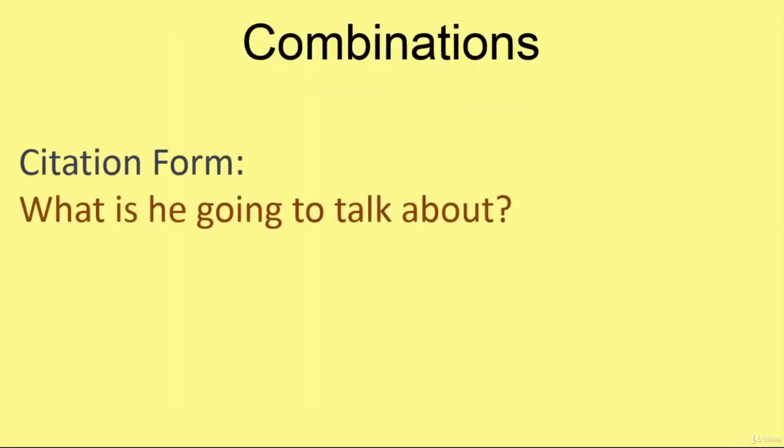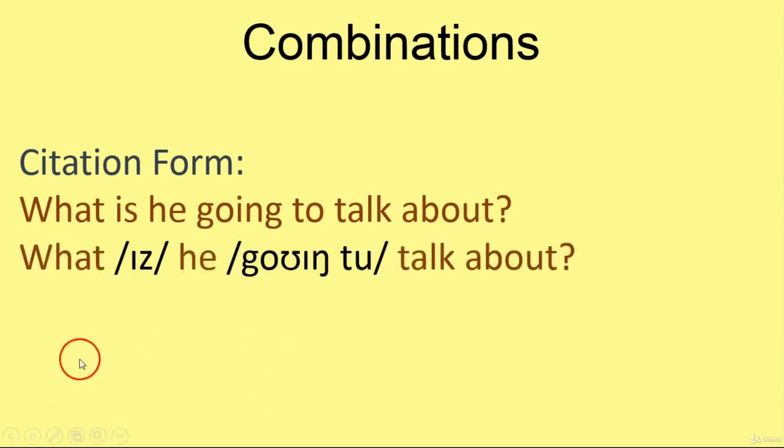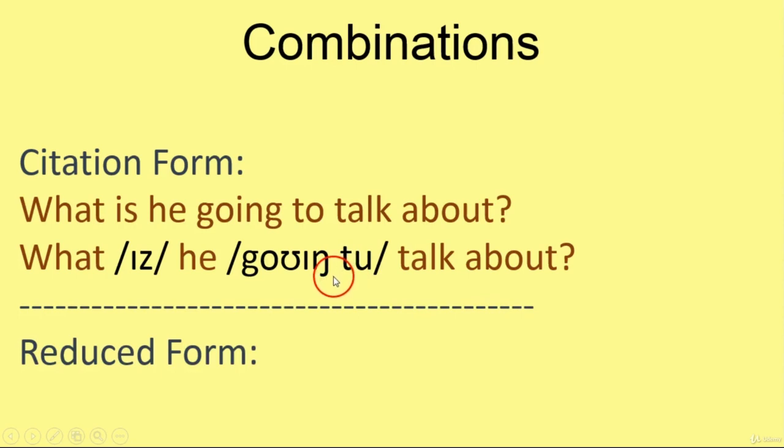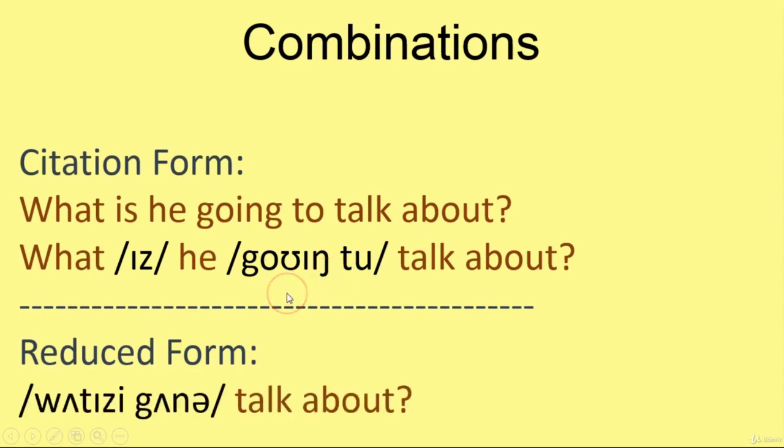Okay, in our next sentence we have, what is he going to talk about? We can reduce the words "is" and "going to." And together, when we reduce these, we are also combining the word "what," and so we say, what is he gonna talk about?